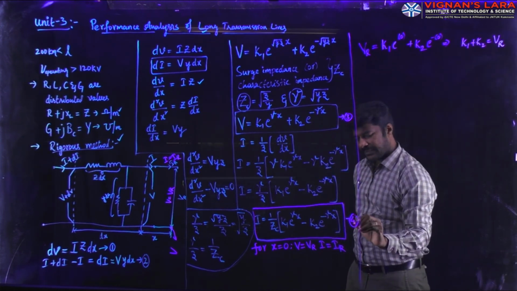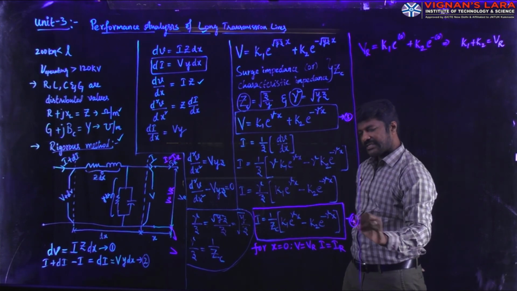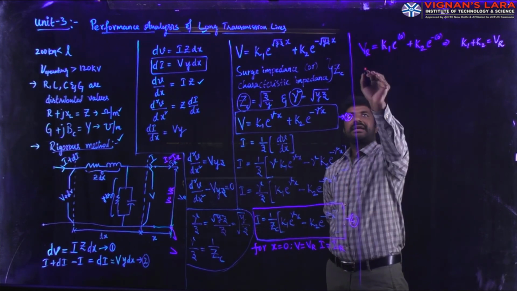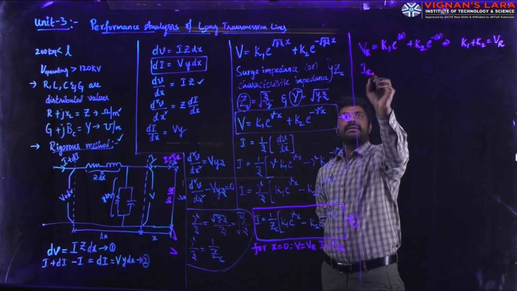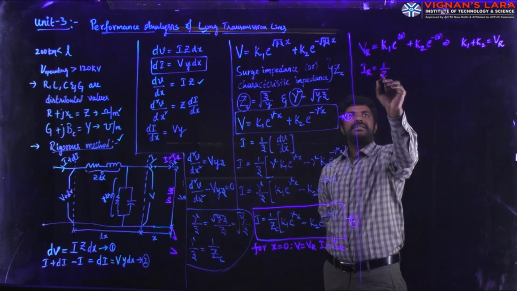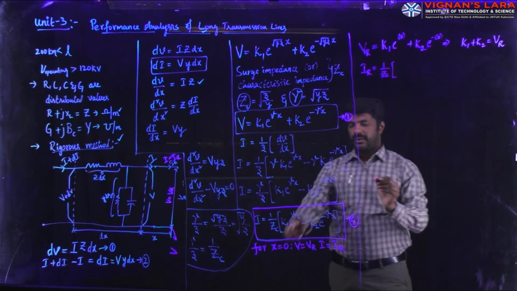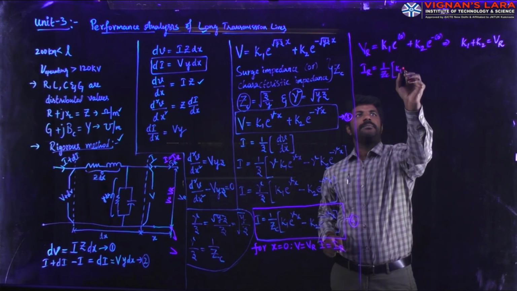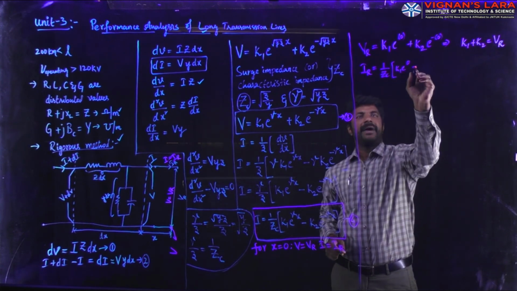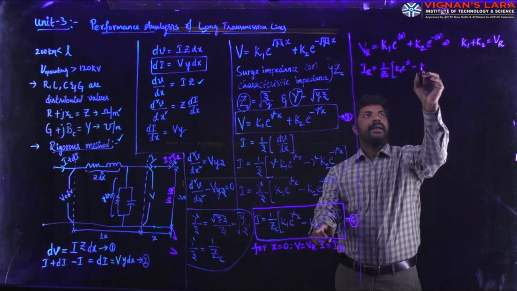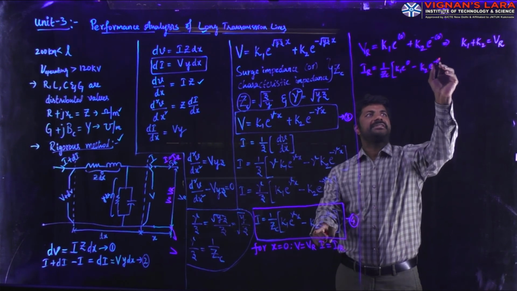Similarly, substituting the values of initial conditions in equation 4, the current I becomes IR, which is equal to 1 by ZC of k1 e to the power 0 minus k2 e to the power minus 0.